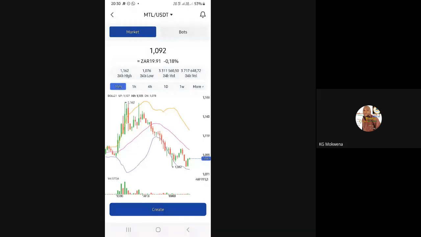Can you see what it is now? The price is 19.91 ZAR. No, I want you to look in terms of dollar, because we are using USDT. It was 1,092.93.